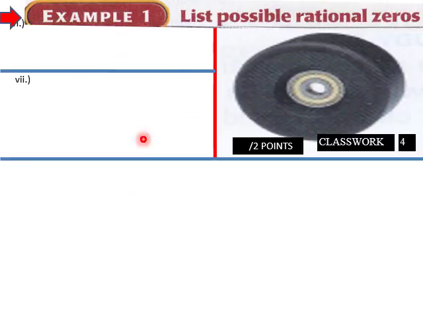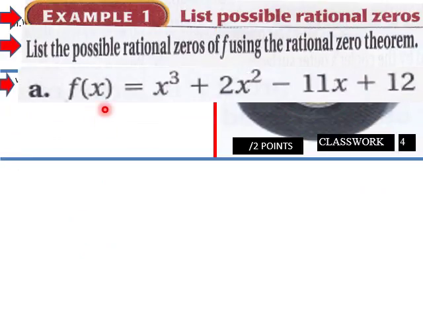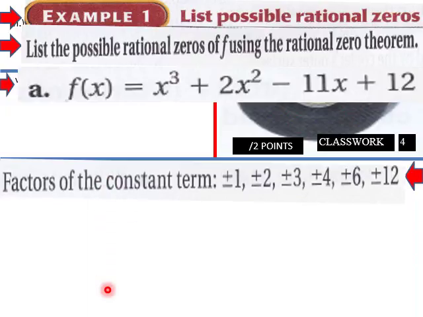So for example, we list possible rational zeros of this here. So what will be the possible rational zeros of this polynomial here? The leading coefficient here would be 1, and then your constant, the factors of 12 are what? 1, 2, 3, 4, 6, and 12.